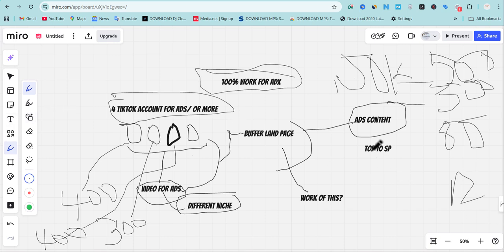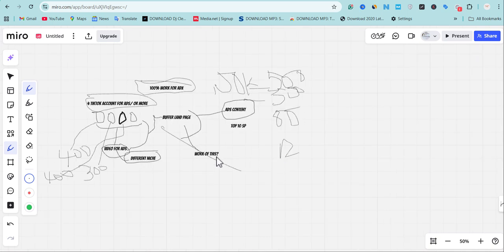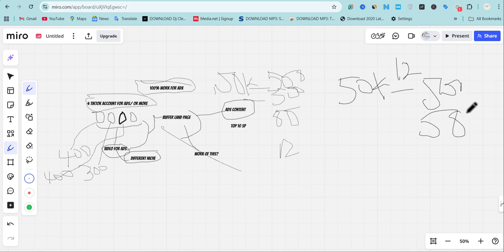So let's say this is 50,000 naira you are running daily. Around 12 o'clock in the afternoon, you have gotten 500 clicks. That's just for one account. The second account, you have gotten 500 clicks around 12 o'clock.